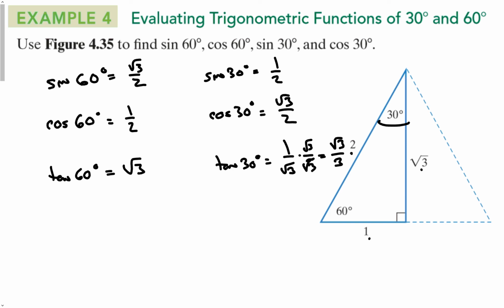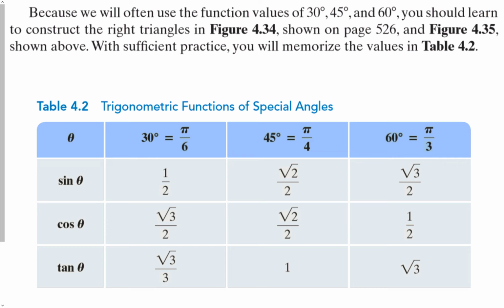So, when we are calculating these special angles, these numbers are very common. These are the things that we are going to recognize all the time. And in fact, because we'll use them so often, the 30 degrees, the 45, and the 60 degrees, you should learn all these values for each angle.